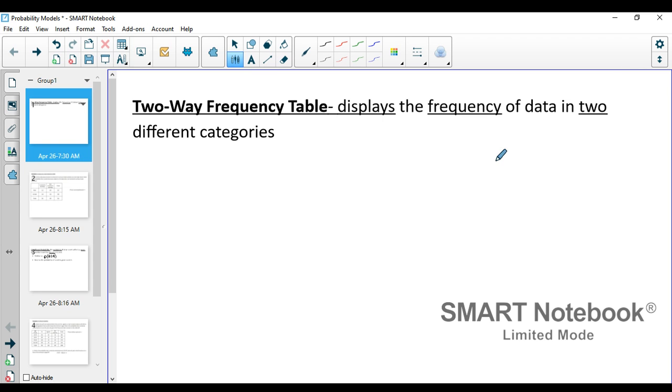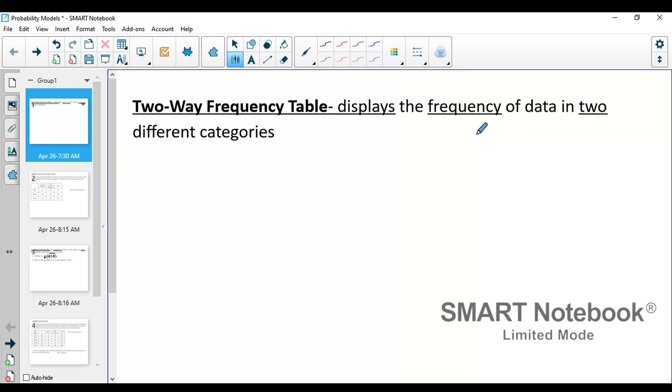All right, so the fifth and last section of our probability chapter is probability models that use specifically two-way frequency tables. In the last section, we used frequency tables where it was just one set of data represented in the frequency table.